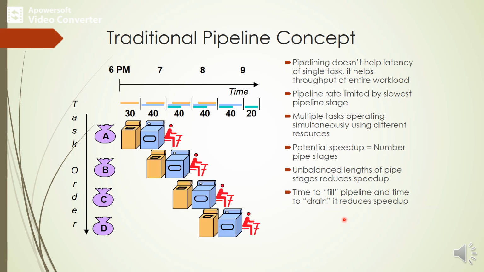Time to fill the pipeline and time to drain it reduce the speedup, and stalls for dependencies as well. So if you do not adopt overlapping of the operations, it takes longer to complete the entire task. Instead, if you consider the pipeline concept, we can reduce the amount of time required to complete the given task.